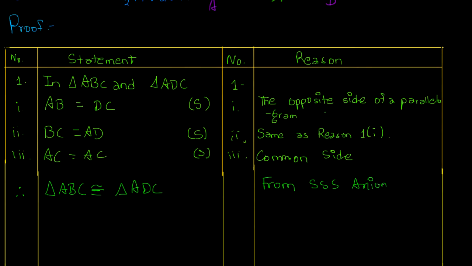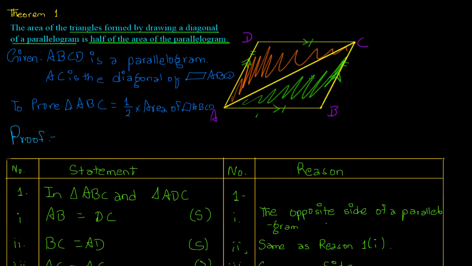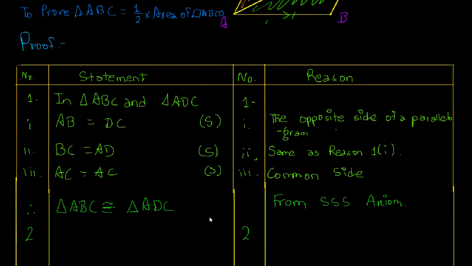Okay, so that's it. We have our reason 1 completed, and we have now proved that the triangle ABC is congruent to the triangle ADC. Now that we have proved two triangles congruent, we can prove that the areas of the triangles are equal.